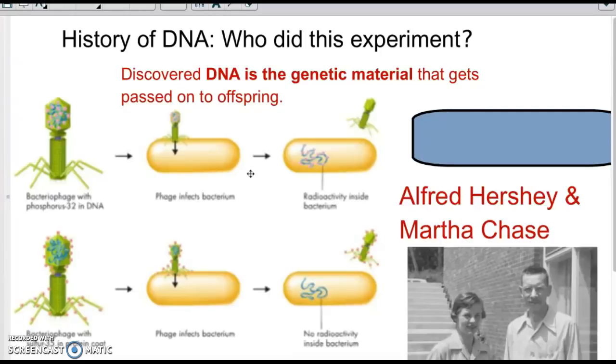They were studying bacteriophages, viruses that can insert things into bacteria cells. What's this stuff they're inserting? They determined that it must be DNA, it must be genetic information, and that's how things are getting passed down.